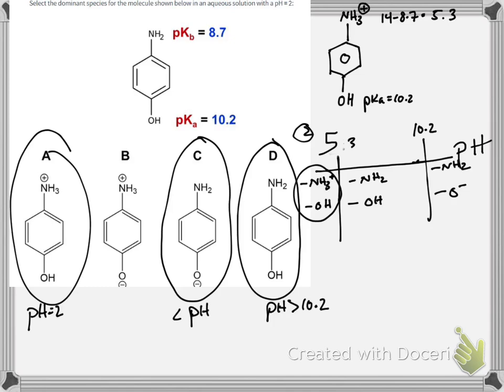So any range in there is going to have a neutral nitrogen and OH. Option C is going to be pH greater than 10.2, so any pH greater than 10 is going to be option C.